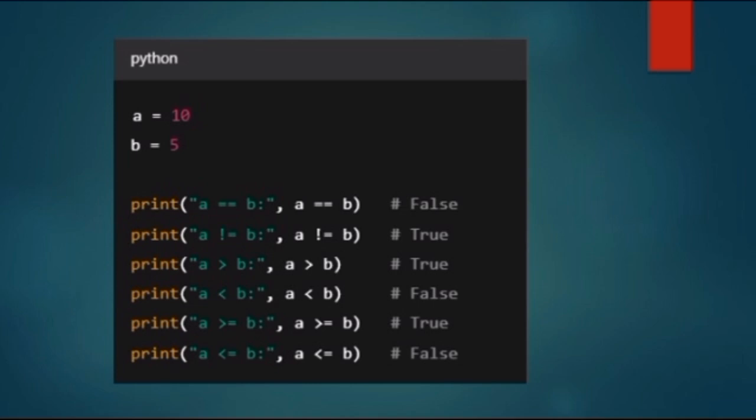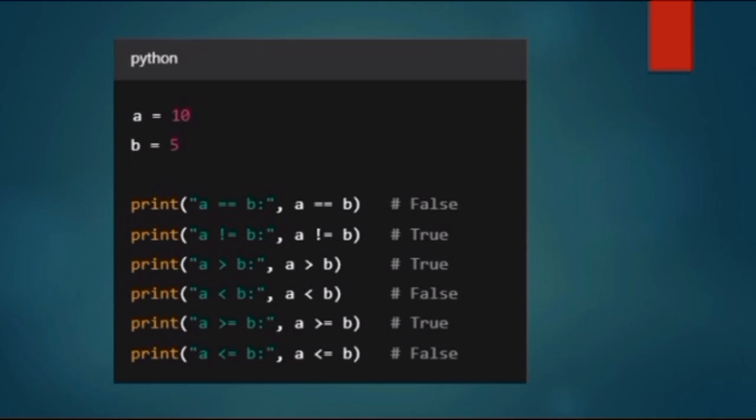Comparison operators like a == b check whether a is equal to b or not. So it is false because 10 is not equal to 5. Similarly, we have seen before, the examples are also very easy. We know not equal to, greater than, less than, greater than or equal to, and less than or equal to.